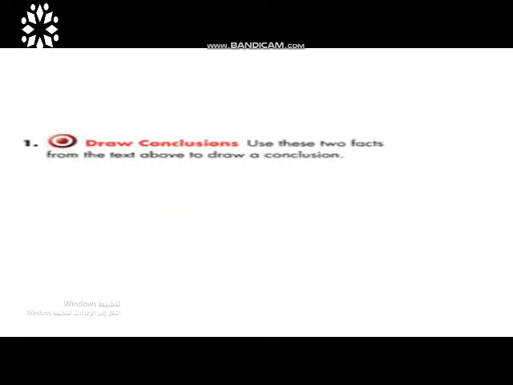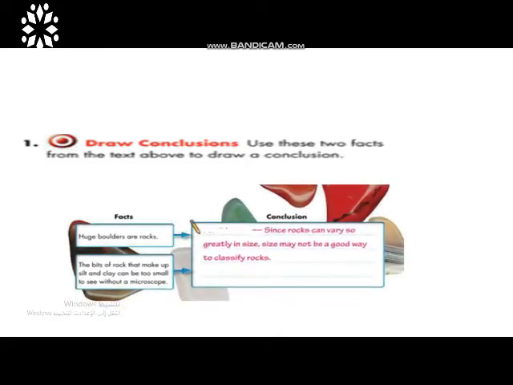Number one, draw a conclusion. Use these two facts from the text above to draw a conclusion. The facts are that huge boulders are rocks, and the bits of rock that make up silt and clay can be too small to see without a microscope. The conclusion is that since rocks can vary so greatly in size, size may not be a good way to classify rocks.